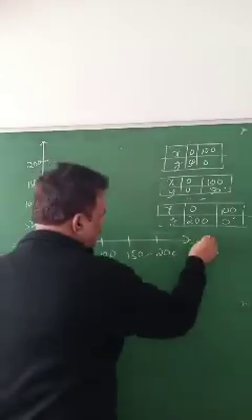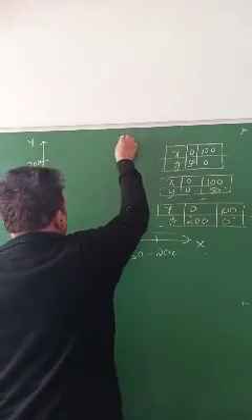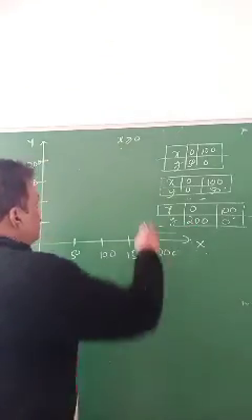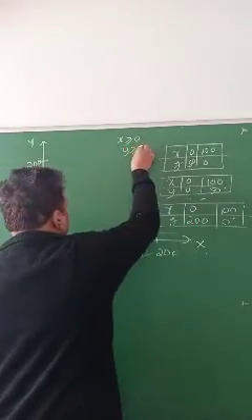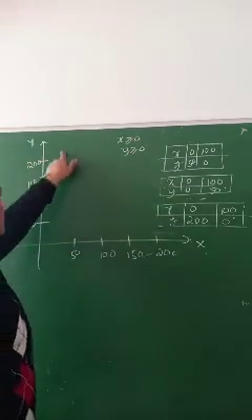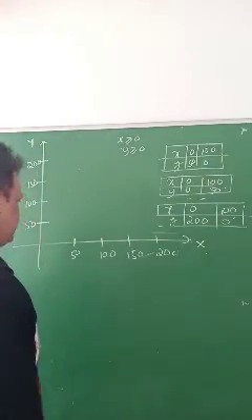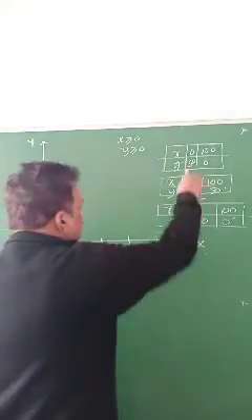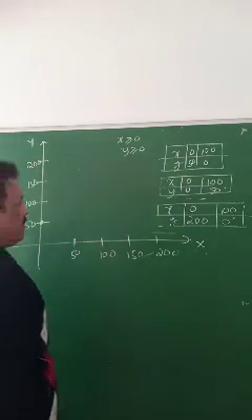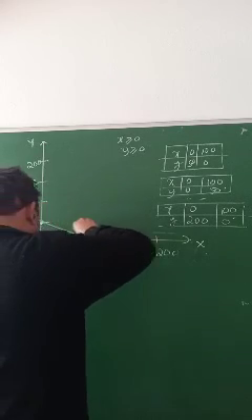Okay, this is your x-axis, this is your y-axis. When you say x is greater than 0, this side. When you say y is greater than 0, this side. That means your graph will remain within this. It will not go outside. So what you do is, let's put the first one, 0, 50. 0, 50 is this point. 100, 0 is this point. So you draw a line.